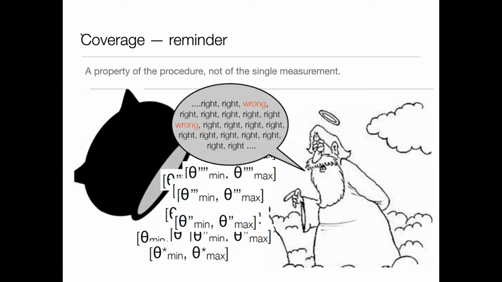This sketch is trying to imply that coverage is not something that applies to your own interval, which is one of the many possible you can get under repetition, but it's a statistical property of the set of the intervals.